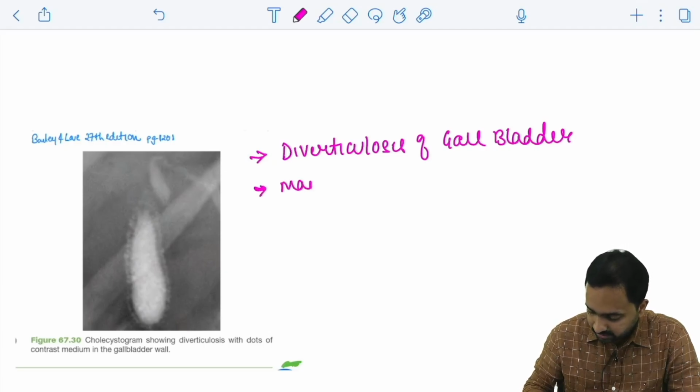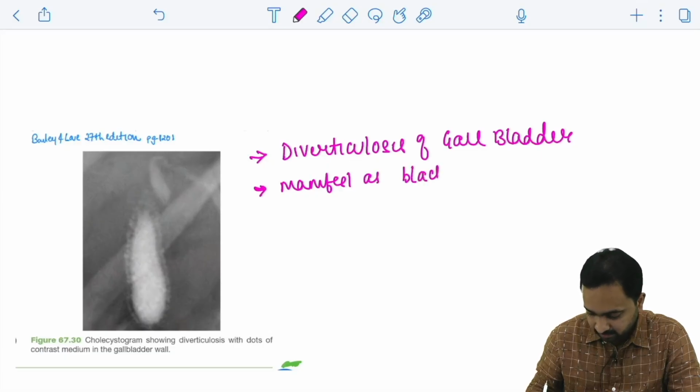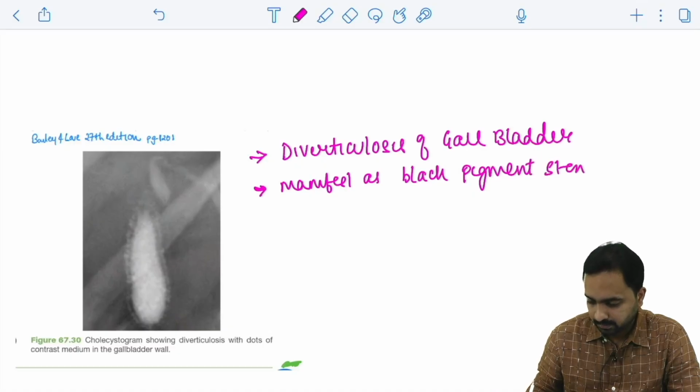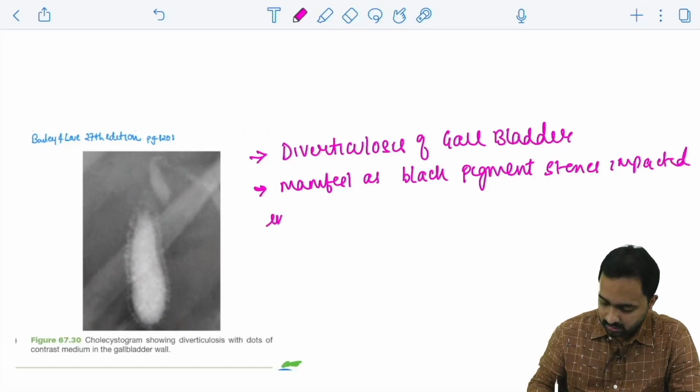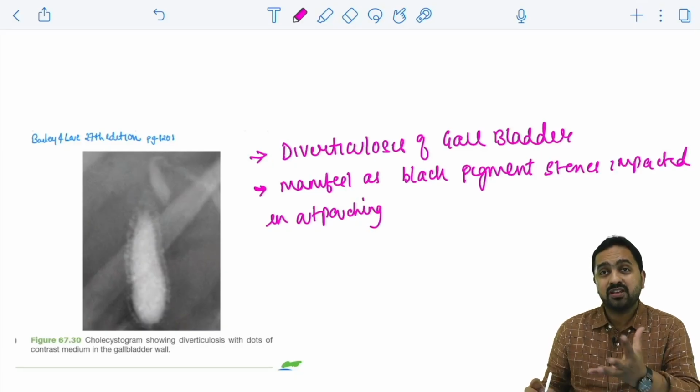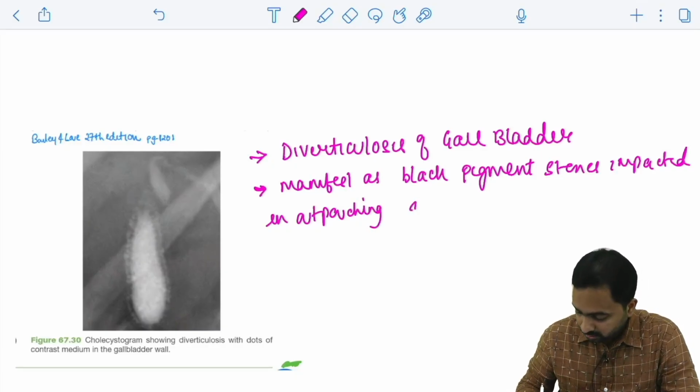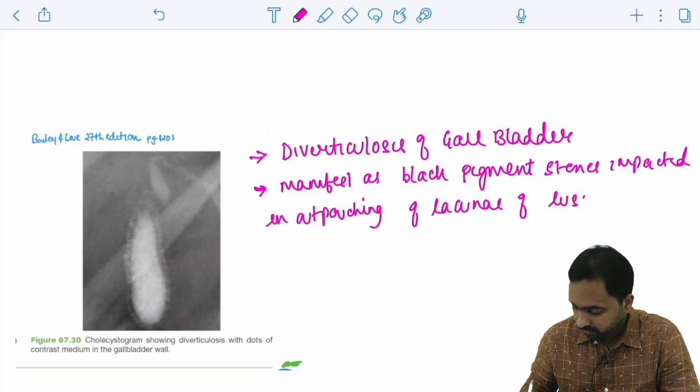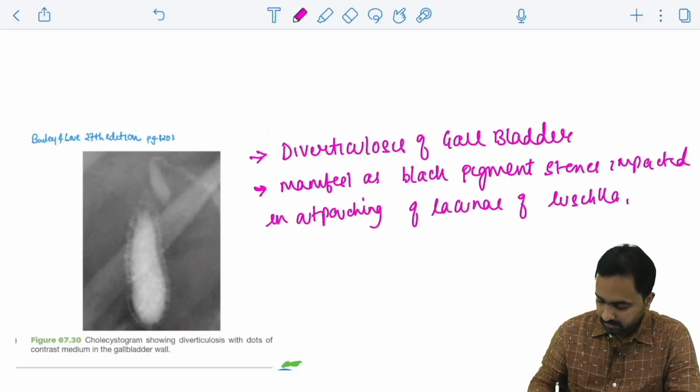So they manifest as black pigment stones impacted in outpouching. So what is diverticula? It is the outpouching of lacunae of Luschka.